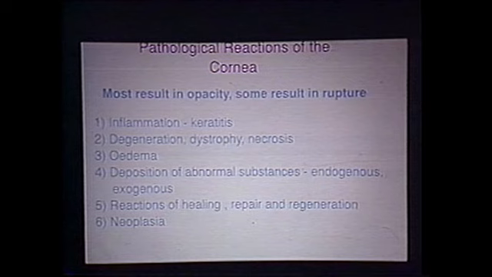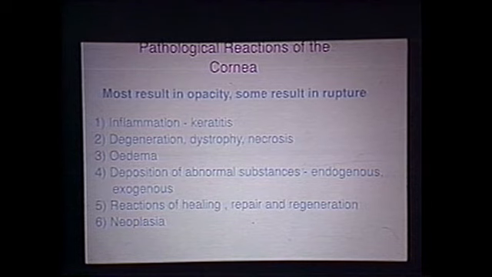Now, because the structure is avascular, the purists may argue that you cannot get inflammation of a non-vascular structure. I don't want to go into that debate here, but at least the features of inflammation are very readily available for study, quite often, in toxic damage of the cornea.